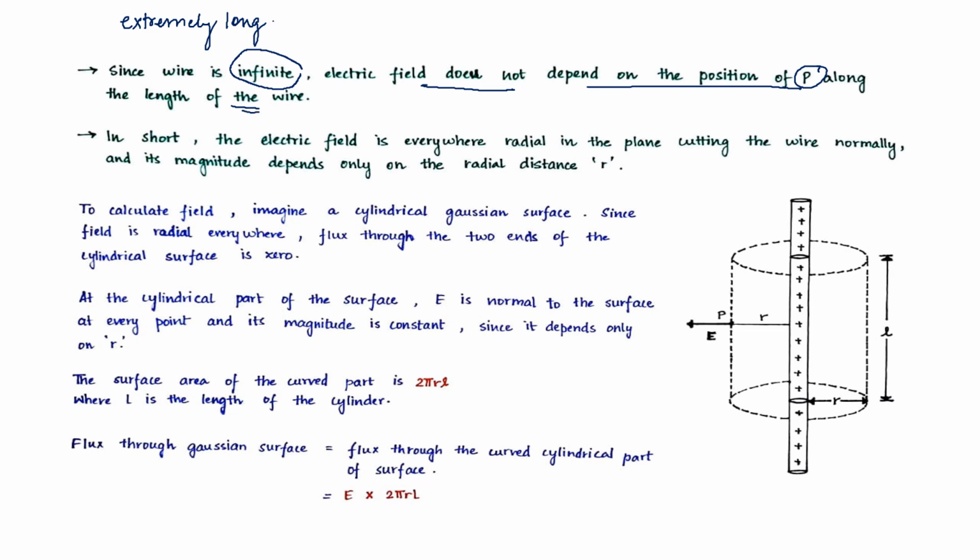So when the wire is very long, we can keep the point anywhere, it does not matter because it keeps on extending. If you see from here, you will find P is here, and from the other end, the distances x1 and x2 are both equal. So there is no need to put it precisely at the center.